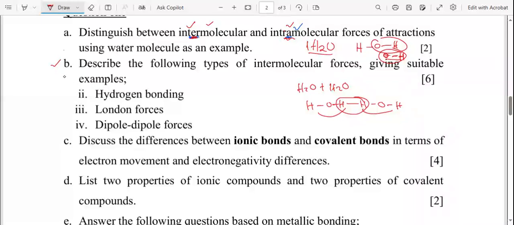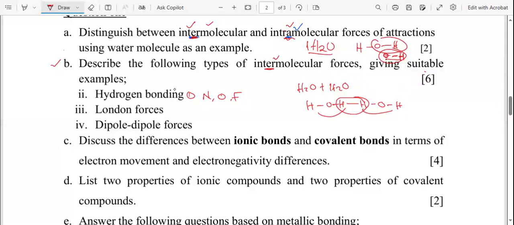So we go to question B. Describe the following types of molecular forces, giving a suitable example. So when you say hydrogen bonds, what are these hydrogen bonds? These are just strong intermolecular forces formed when hydrogen is bonded to electronegative atoms such as, not neon, nitrogen, oxygen, fluorine.